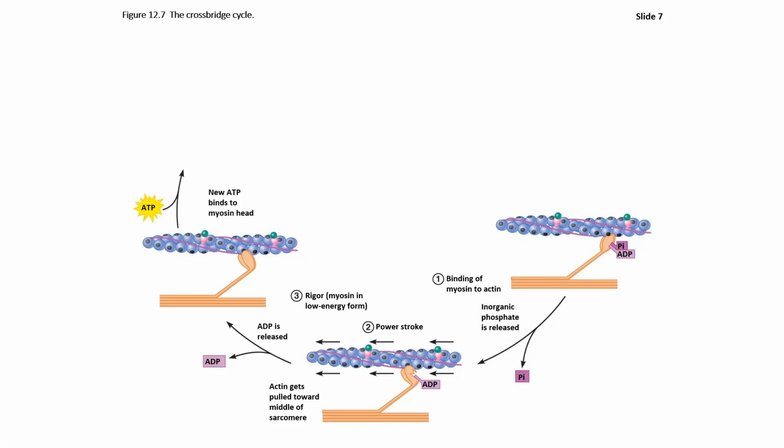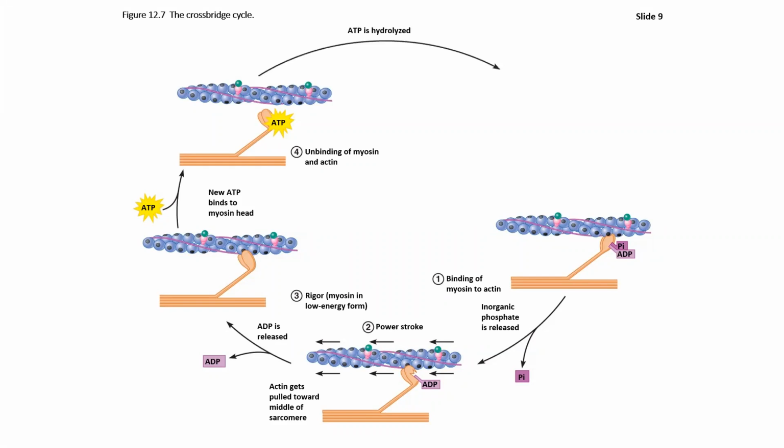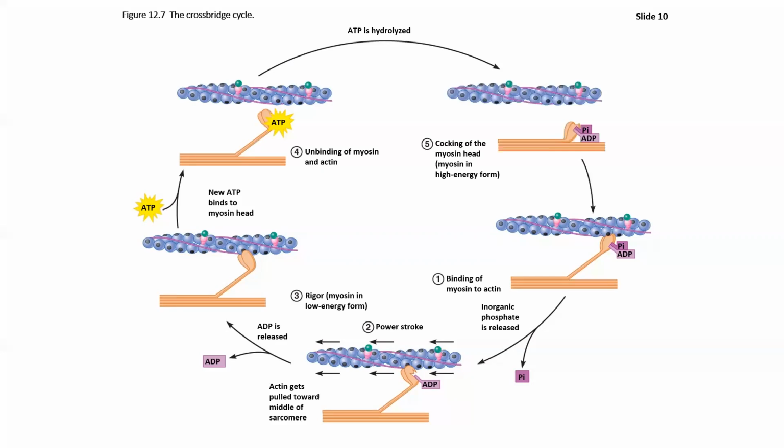So now we've got a new ATP coming in. That new ATP brings myosin back to its low energy state where it doesn't have an attraction or affiliation for actin. And so it's going to unbind away from actin, and it's going to get ready to hydrolyze that ATP. That ATP now is converted to ADP again, and the inorganic phosphate is just waiting to give the energy to the power stroke phase.